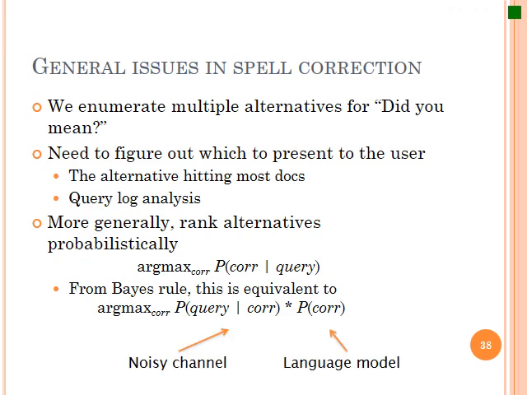There are some terminologies for this. This part is called the noisy channel, and this is called a language model. It's called a language model because this gives you the prior probability of all the correct terms in your lexicon, in your dictionary. For example, from is more likely to appear in the documents than form. From's prior probability may be 0.01, the other one is 0.001. So that's a language model.